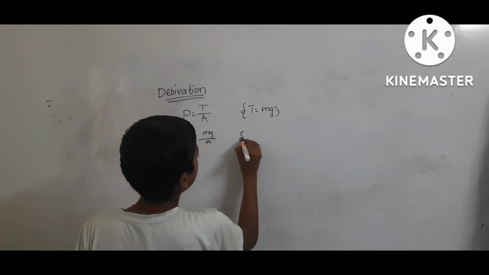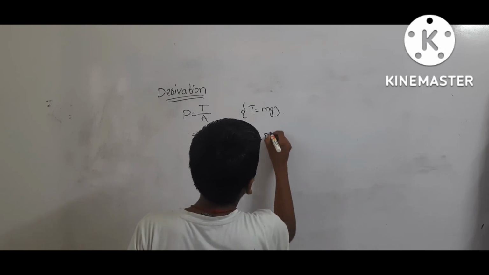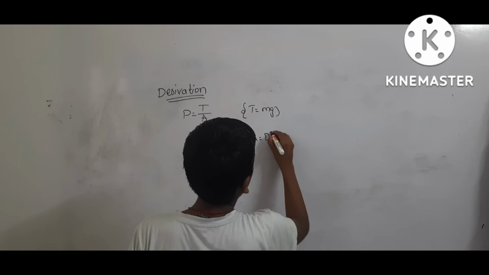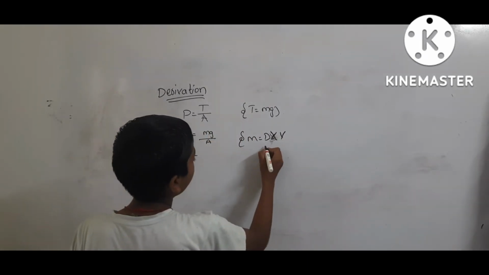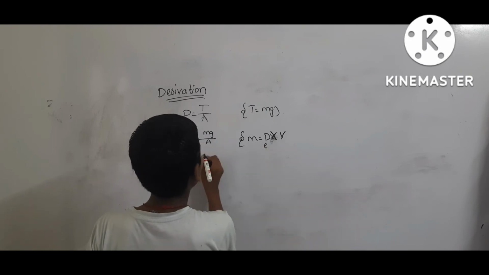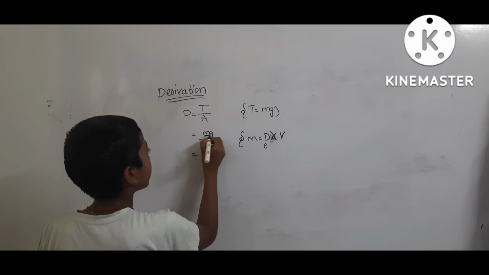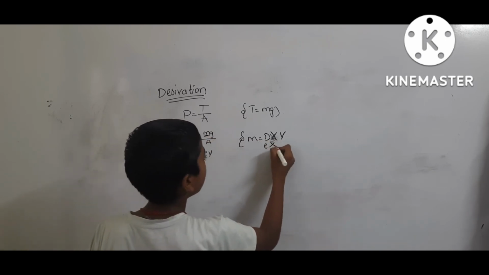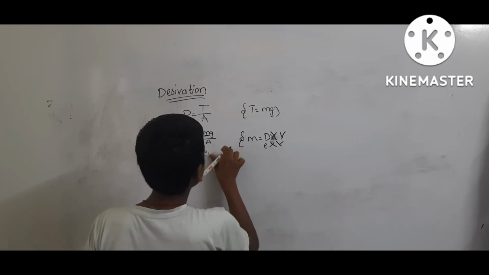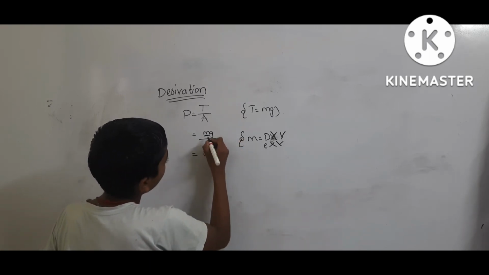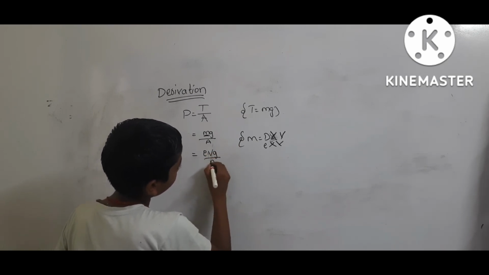Here mass equals density into volume, and we write density as rho, so m equals rho times volume. So P equals rho V g by area.